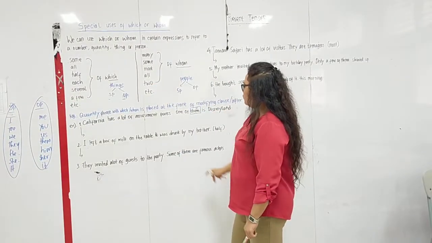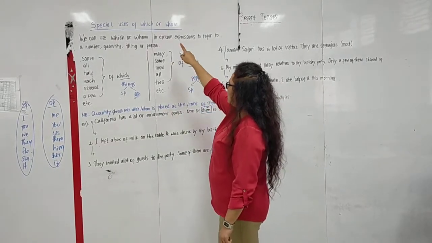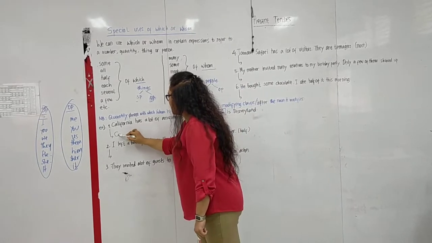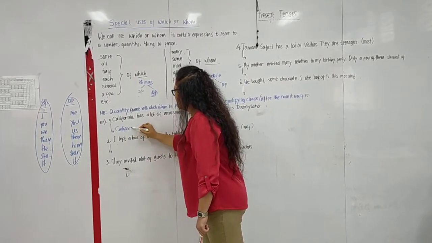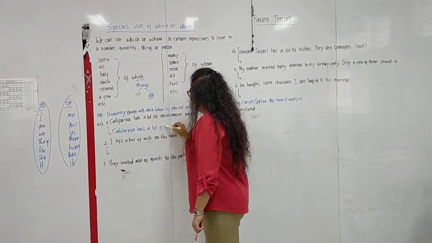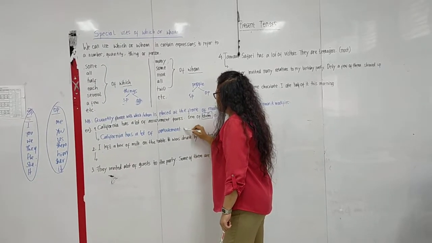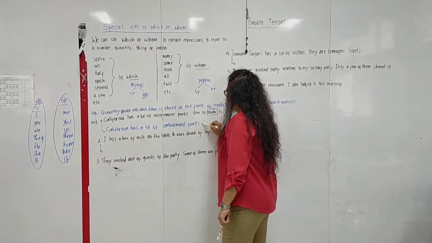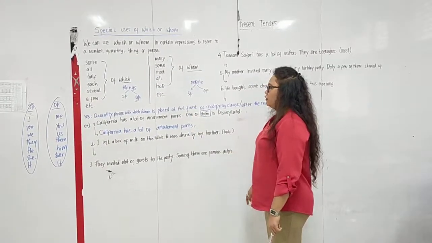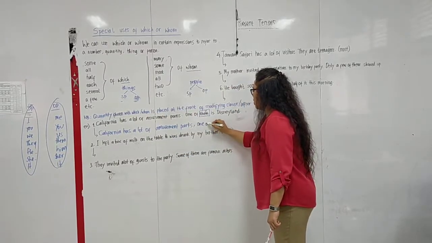So if we merge these two sentences with the special use of relative pronouns, the sentence is: California has a lot of amusement parks, one of which is Disneyland. The quantifier is one of, and because we are talking about things, you have to use which.